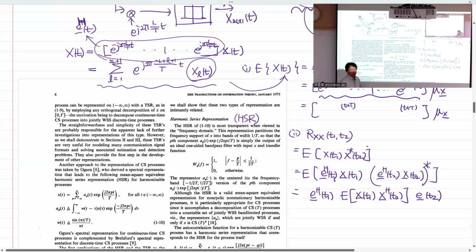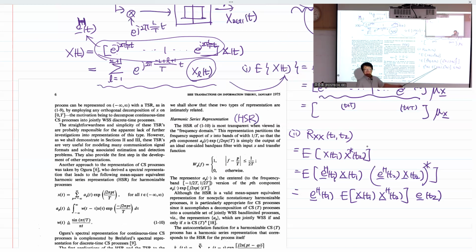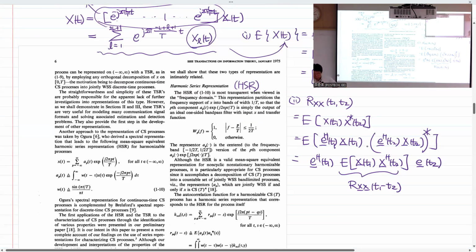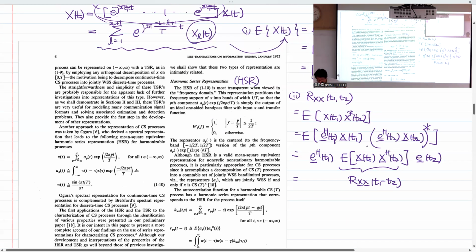Now, according to our assumption, this X vector is a wide-sense stationary random vector process. So what is this one? There exists Rx T1 minus T2. Now we have E Hermitian T1, Rx, E T2.